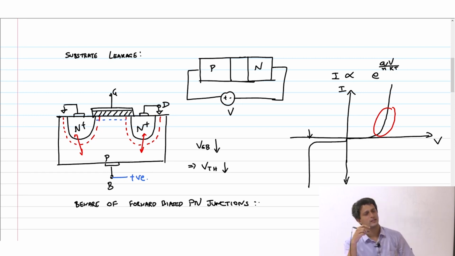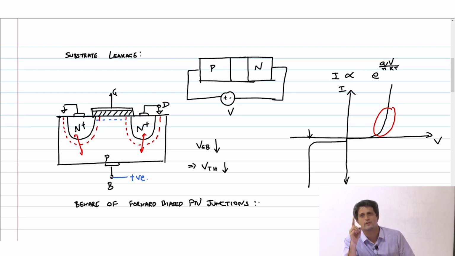The reason I say this is using the body to adjust the threshold voltage is a valid technique, and later you might try to connect this body to VDD and expect that the threshold voltage will come down and therefore I can do something. Well, that's not possible because the substrate leakage will kill you in that case, right?